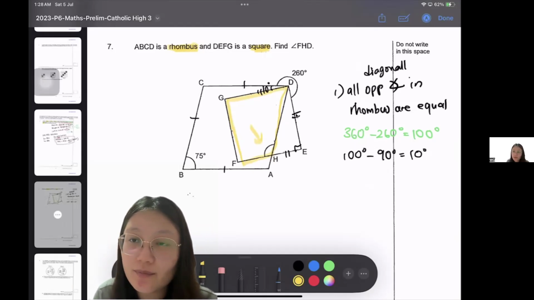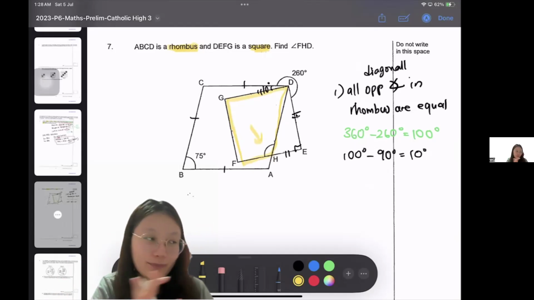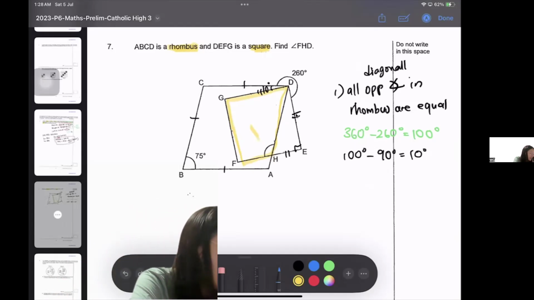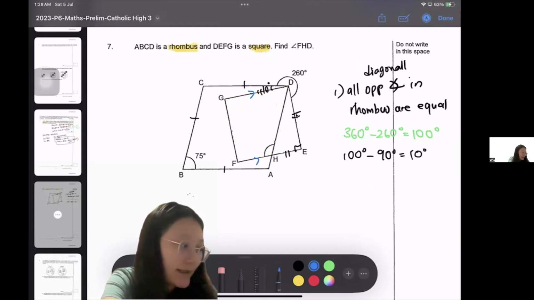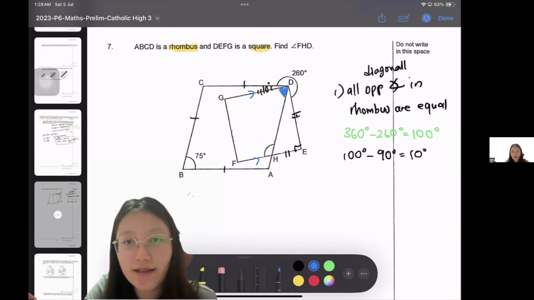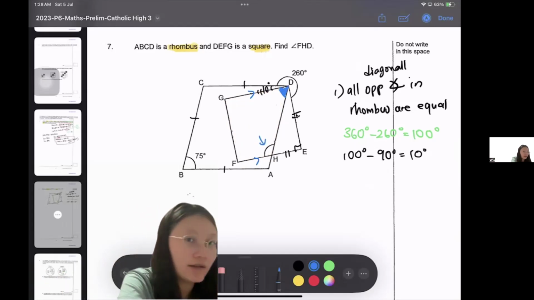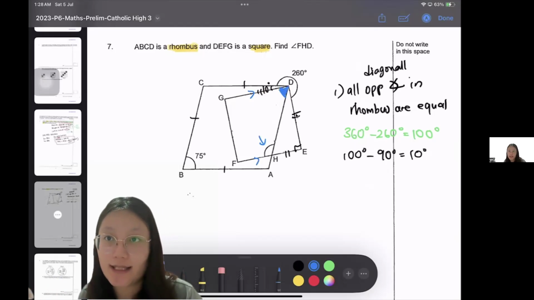In a trapezium, the first property that comes to my mind is parallel sides. That's the only thing we can use in a trapezium. So let us draw the parallel sides in first. Most likely we have to use 180 degrees minus this angle over here, the one in blue, to get the angle at the bottom. That is most likely the last step that we have to do. So we need to work towards that step.